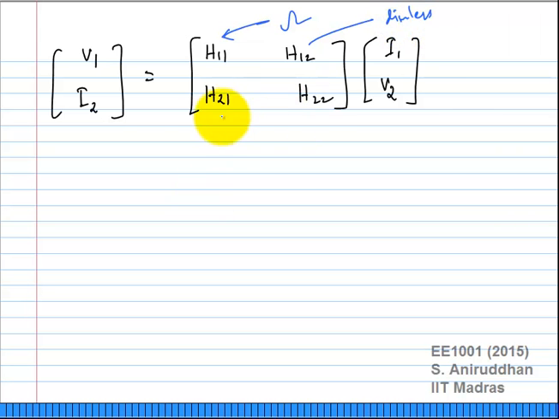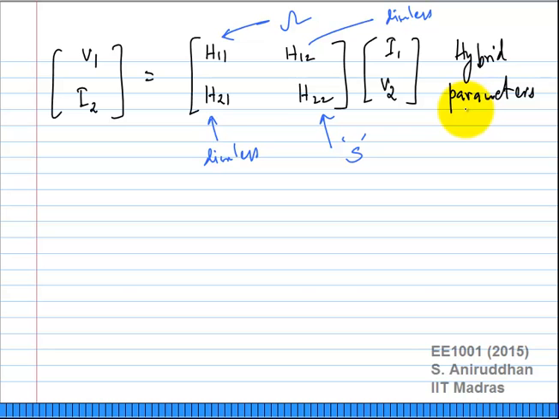What are the units of H21? H22? Siemens. So these are what are called hybrid parameters, or H parameters.